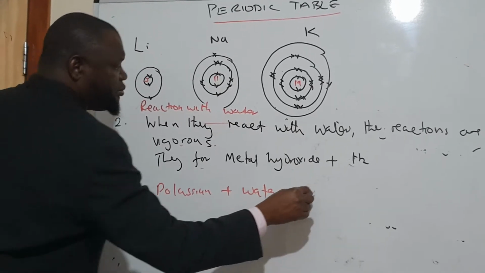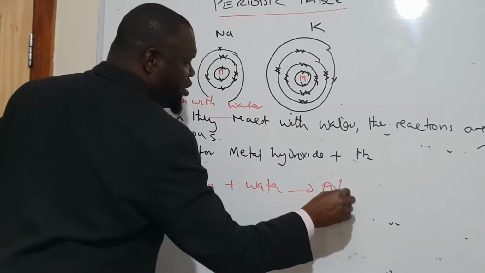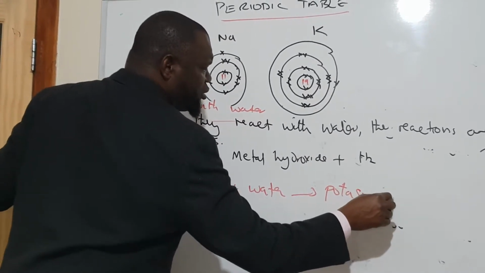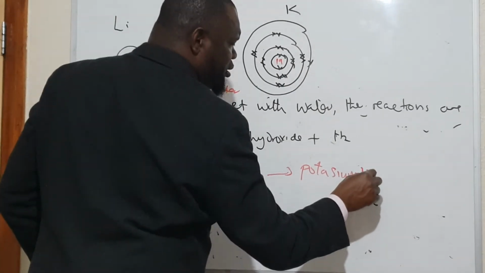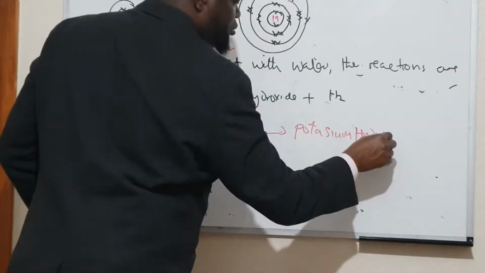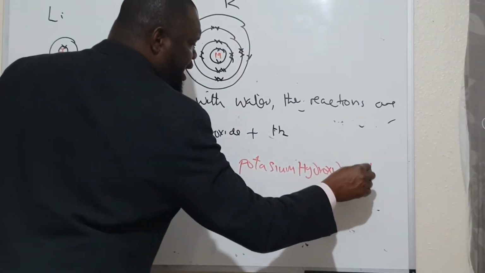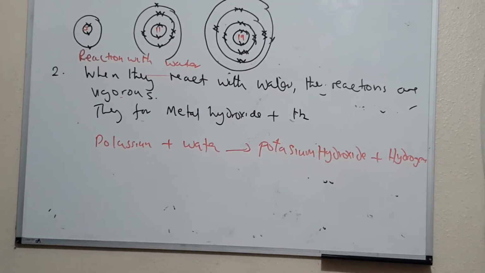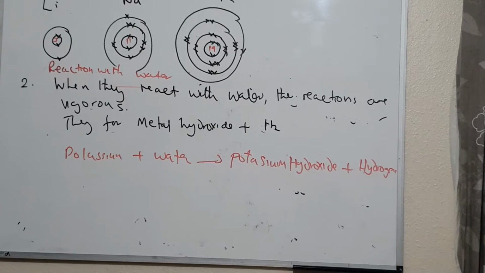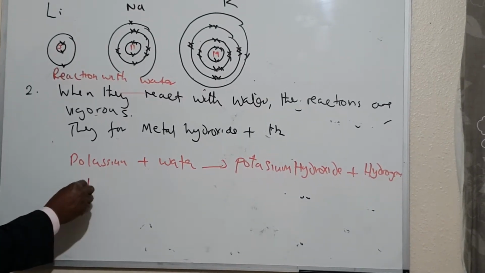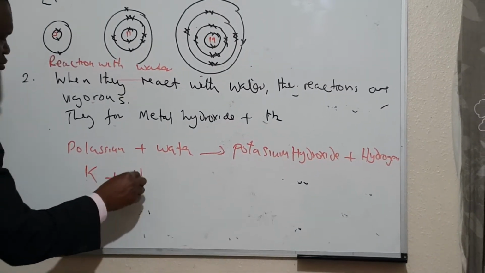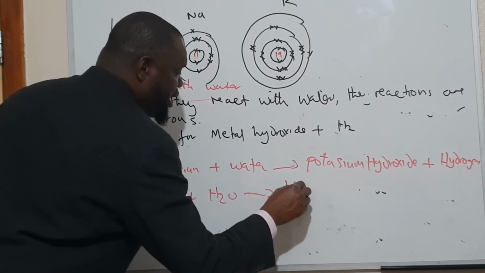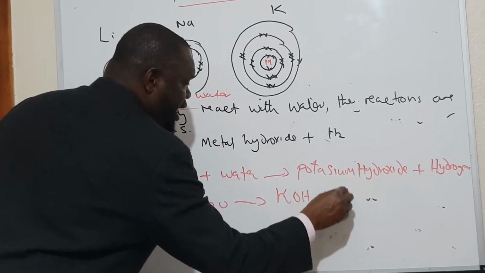This is called the word equation. And the equation is potassium plus H2O will produce potassium hydroxide plus hydrogen.